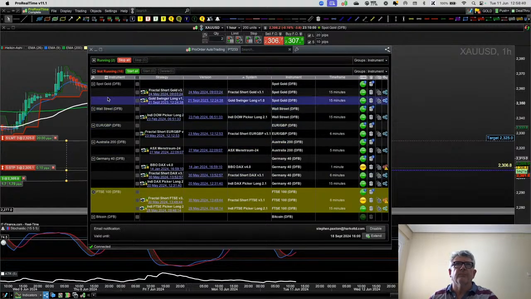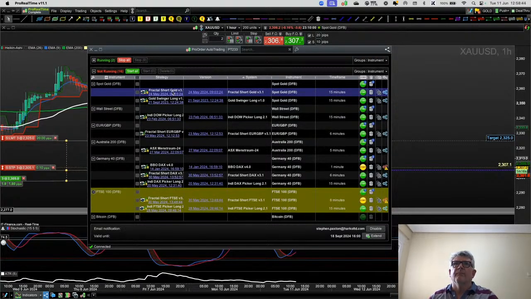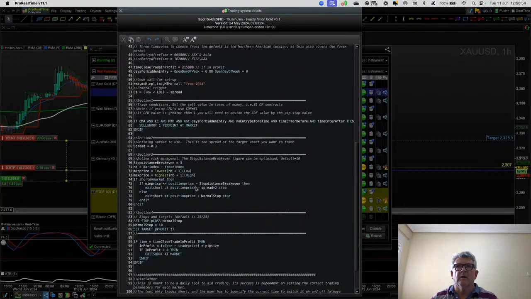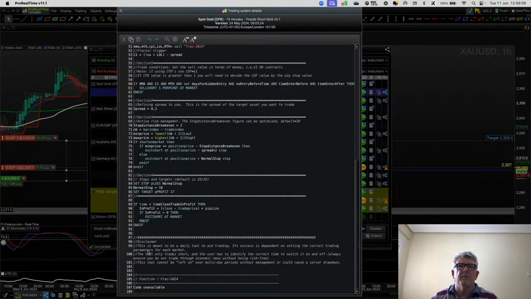Gold. Spot gold, there we are. So if you're going to run a fracker, make sure you put it on the 15-minute chart. Just to check in with the code. There we go. It makes a 10 pip stop. It's a 1 to 1.7 risk reward.